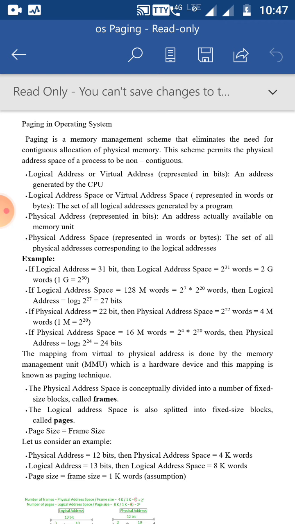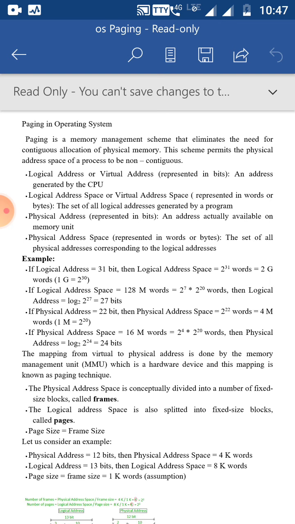Actually, this is a lengthy topic. You have to watch very carefully. Okay. So the page map table base register contains the address of the page map table. With this idea, we get into the page map table, and the page number is 1.